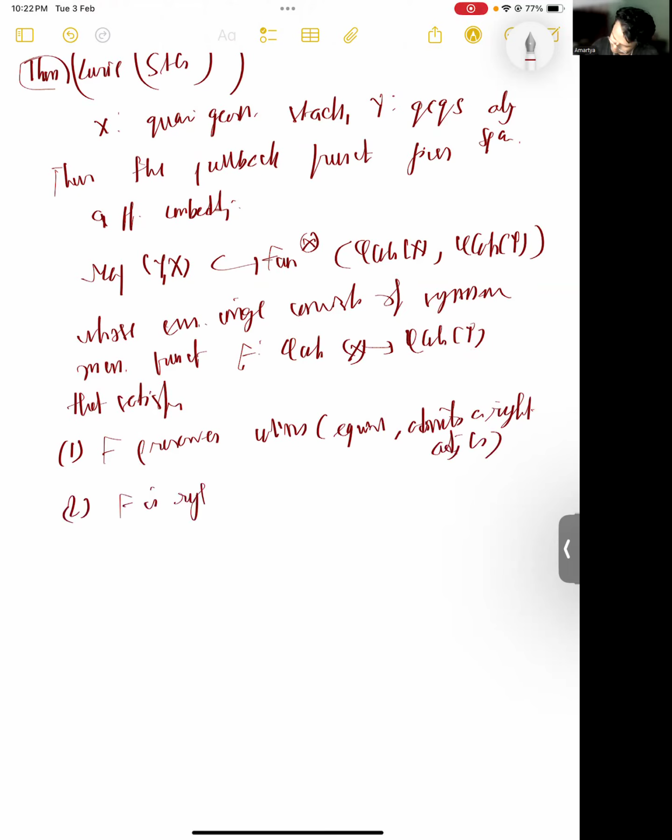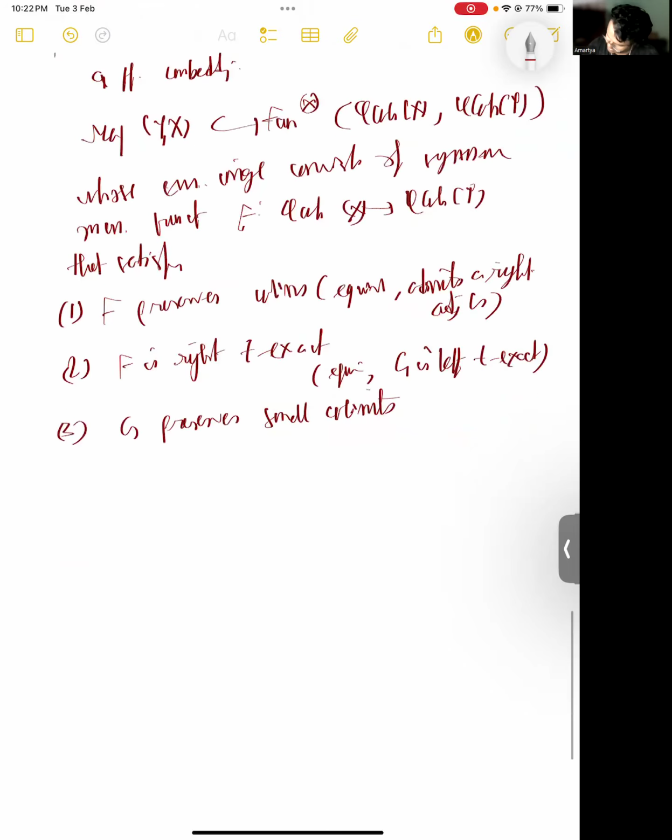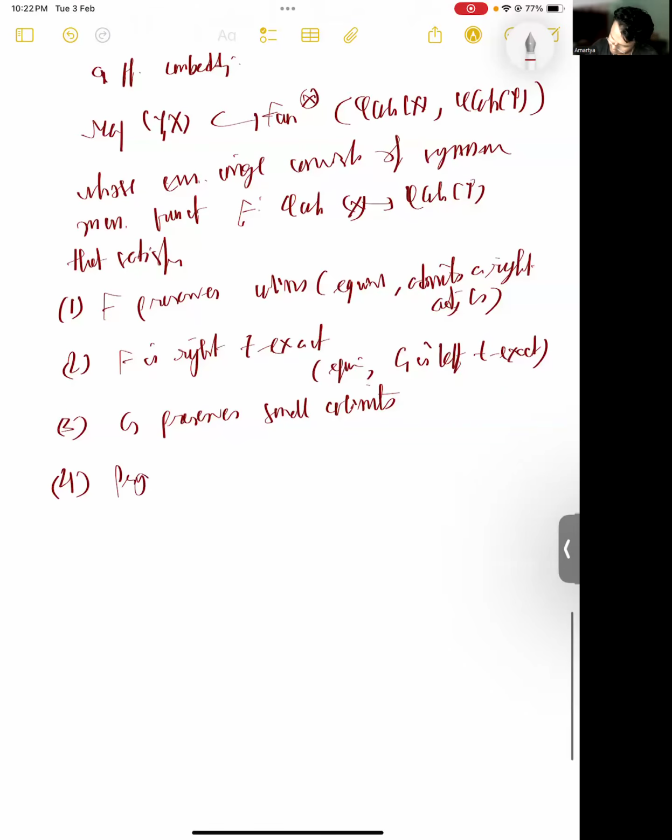Two, F is right t-exact, equivalently G is left t-exact. Three, G preserves small colimits, and four, projection formula.